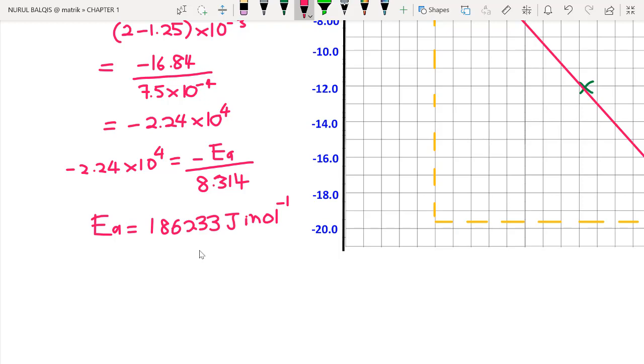Since Ea is usually in kilojoules per mole, we're going to change it to 186.23 kilojoules per mole.